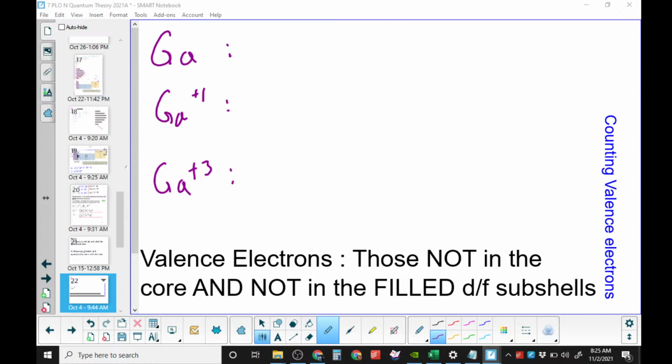And I'm going to add one now. I'm going to add vanadium. And I'm probably going to focus on just gallium and vanadium first, now that I think about it.